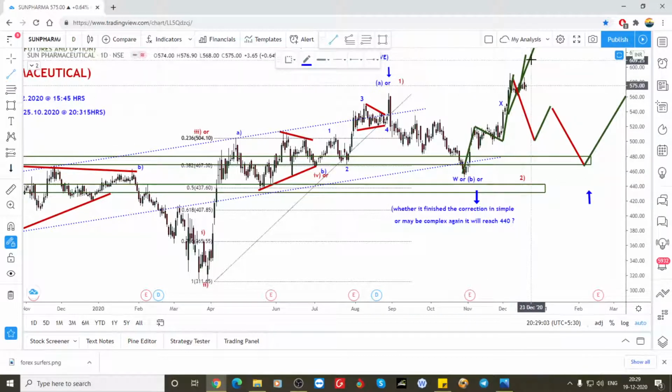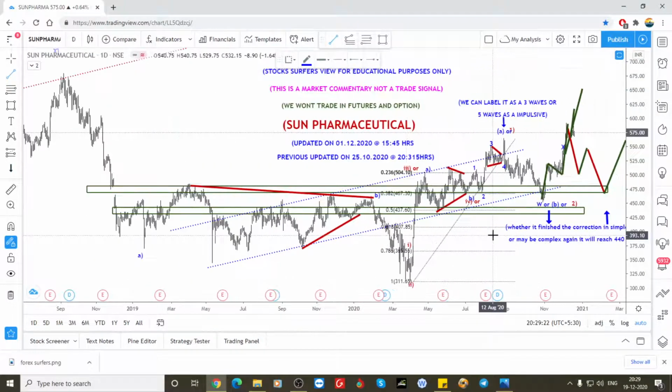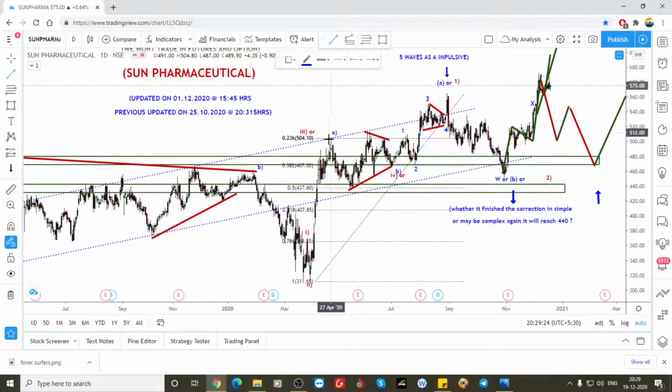So once it is completed, then we will look for that. But if we took it, otherwise you go above this 595 to trade about nearly 30 points, and you have to exit your position, because I'm not so sure about this, because here whether this is a wave 1 2 3 4 5 is already got.